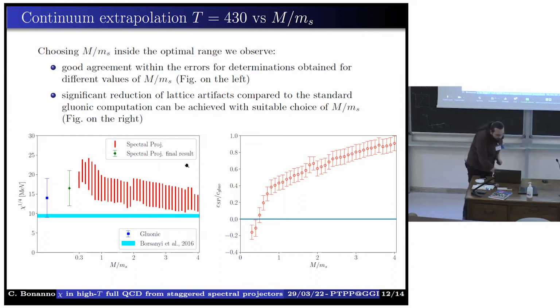So this is our final error bar for the determination at this temperature, 430 MeV, which also considers all the little fluctuations that we observe when we change the value of m.